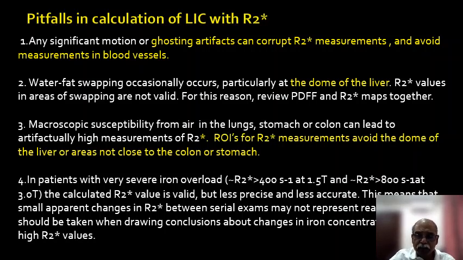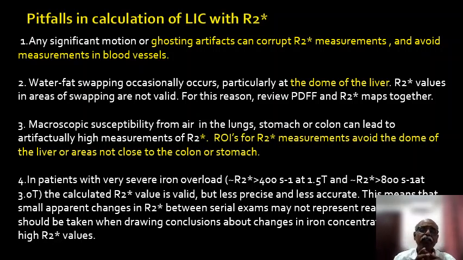What are the pitfalls of iron calculation by MRI? If there is very severe, excessive iron overload, MRI has to have some TE values. For example, a TE value is from 1 millisecond to 10 milliseconds.